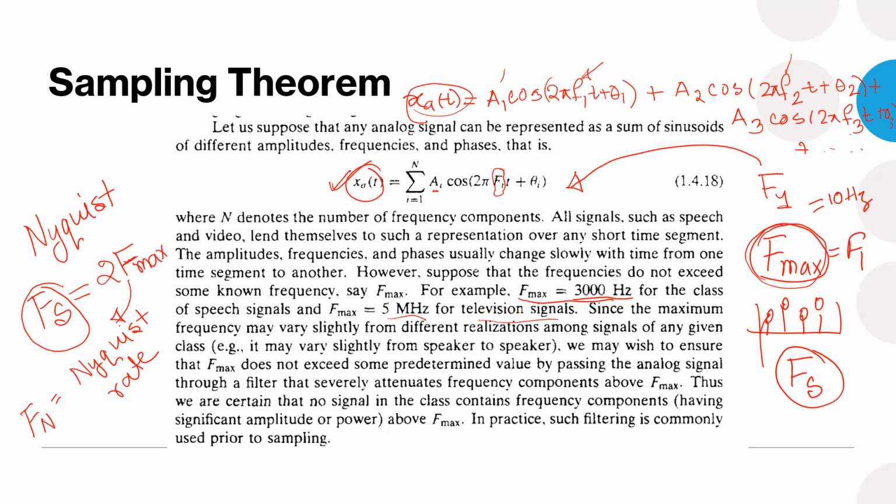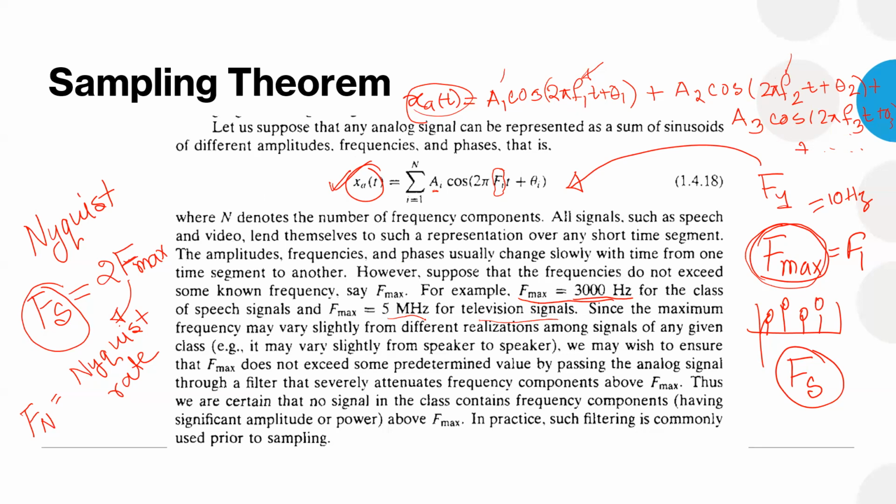Since the maximum frequency may vary slightly among signals of any given class, it may vary slightly from speaker to speaker. We may wish to ensure that F maximum does not exceed some predetermined value by passing the analog signal through a filter that severely attenuates frequency components above F maximum.